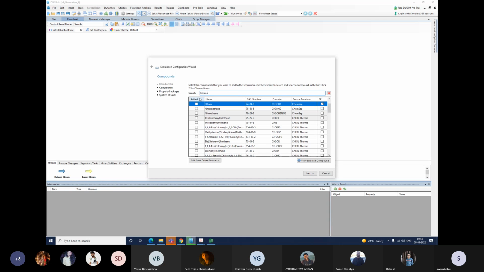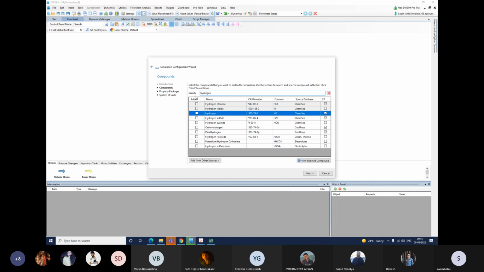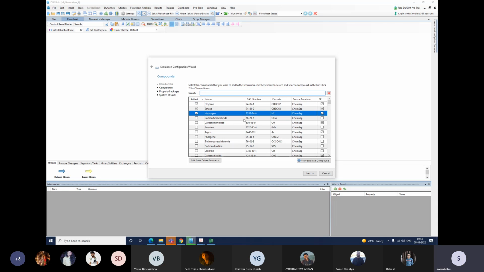I need to select them. So I've selected three components, and if you want to know what components you've selected, just remove everything from the search option. Then whatever you have selected will pop up at the top. So ethylene, ethane, and hydrogen are selected.